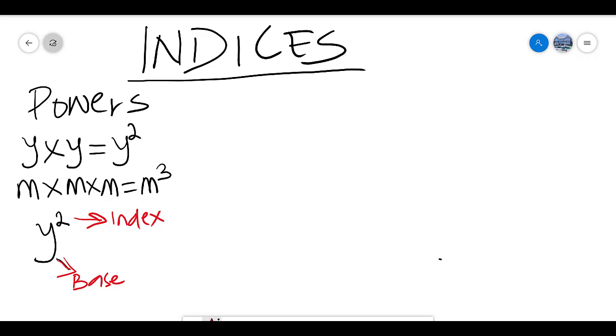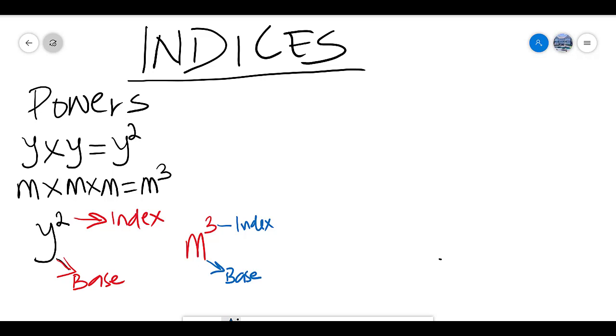Of course, if I have something like m raised to power 3, the m is the base and the 3 is the index. I'm sure you're very familiar with that now. The m cubed is power, y squared is power, y is the base, 2 is the index, m is the base, 3 is the index.